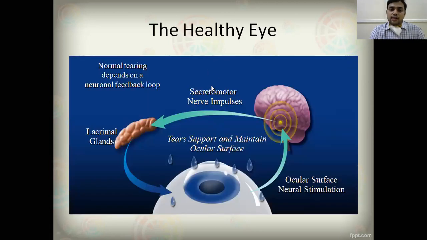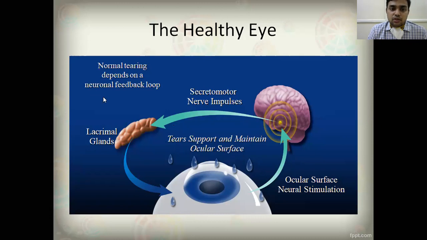So in the healthy eye, the ocular surface is normal because of the normal production of tears. The ocular surface is maintained normally because the normal ocular surface stimulates the nerve system. From the nerve system, there are secretomotor nerve impulses which activate the lacrimal gland, and this lacrimal gland produces the normal amount of tears.